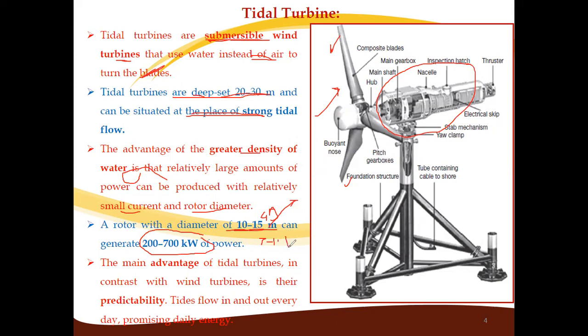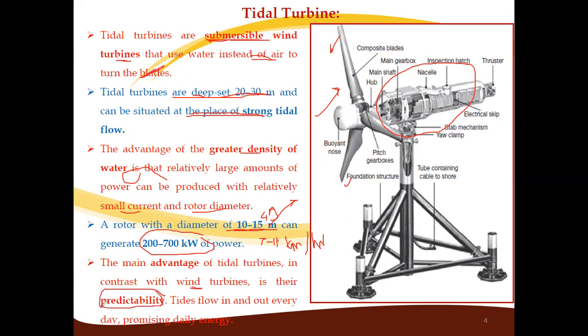So if tides flow at a rate of 7 to 11 kilometers per hour, this tidal turbine is best suited. The main advantage of this tidal turbine, in contrast with a wind turbine, is predictability.